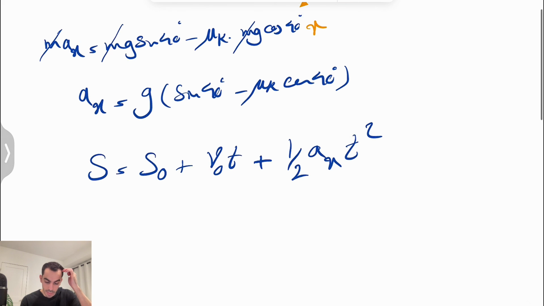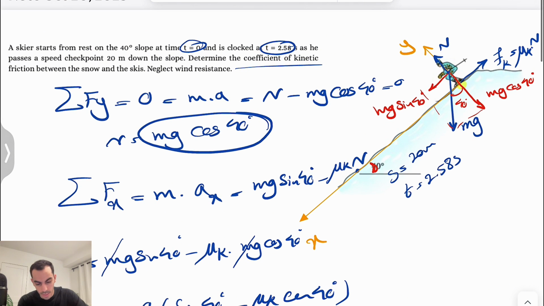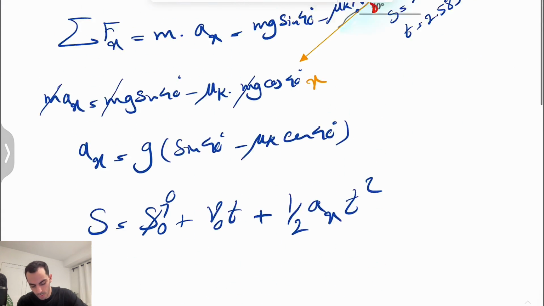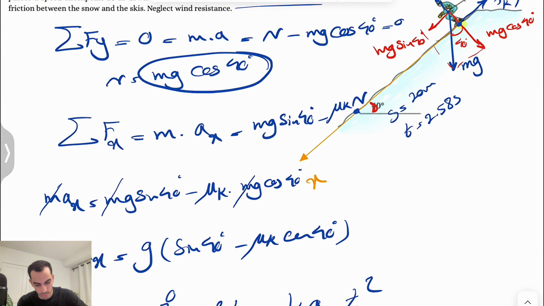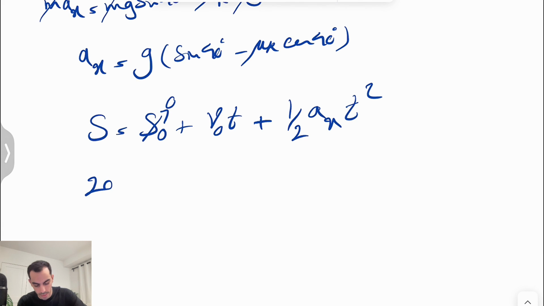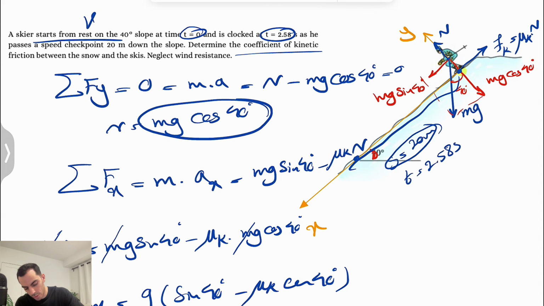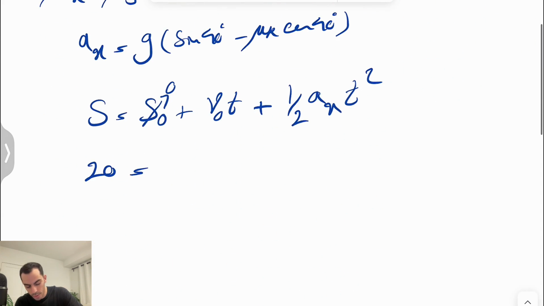So everything is known in here. We're going to consider the starting point as our origin, so s0 is 0, and we discussed that getting to this point is 20 meters away, so our s is 20. Since the skier starts from rest, the initial velocity is 0.